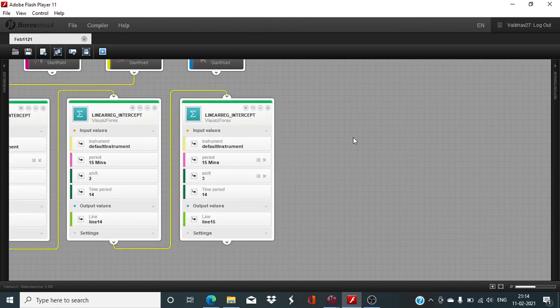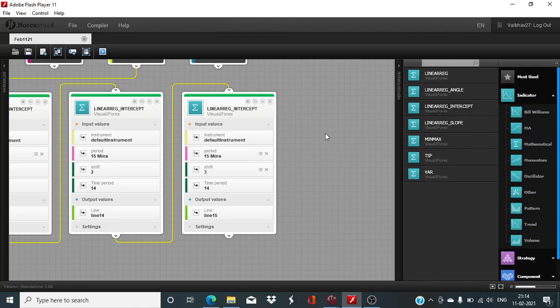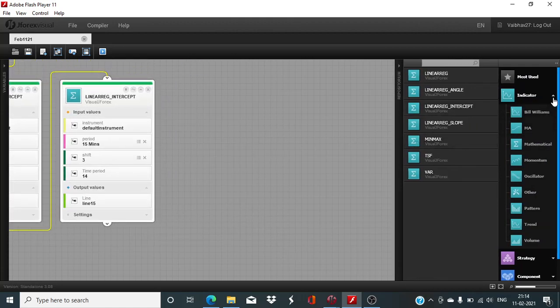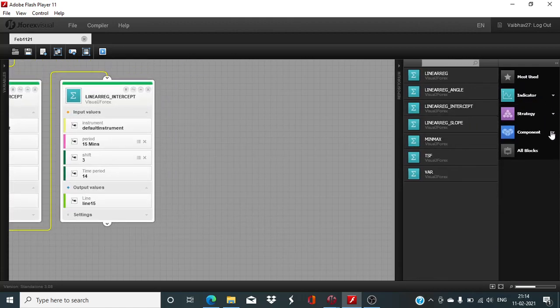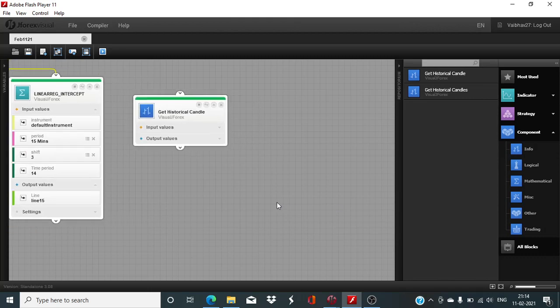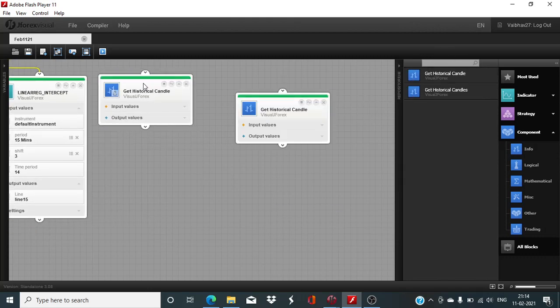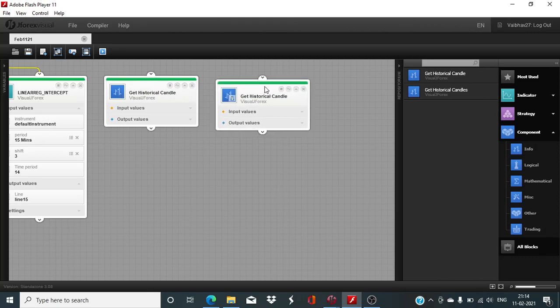And to do the comparison, I also need to look at the price action, which we will retrieve using the info blocks. Get historical candles, three historical candles of 15 minutes each with respective look back periods of 1, 2, 3.